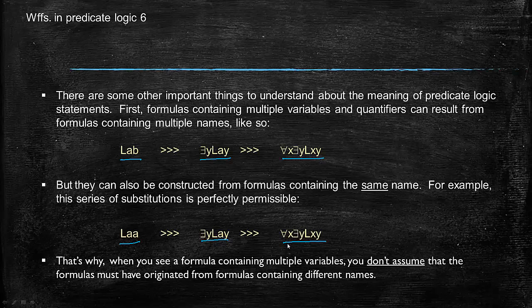Well, look, this formula originated from a formula that contains a only, right? So x would have come from a and y would have come from a too. So that's just the formation rule way of pointing out that, hey, x and y are variables. They can apply to anything, including the same thing.